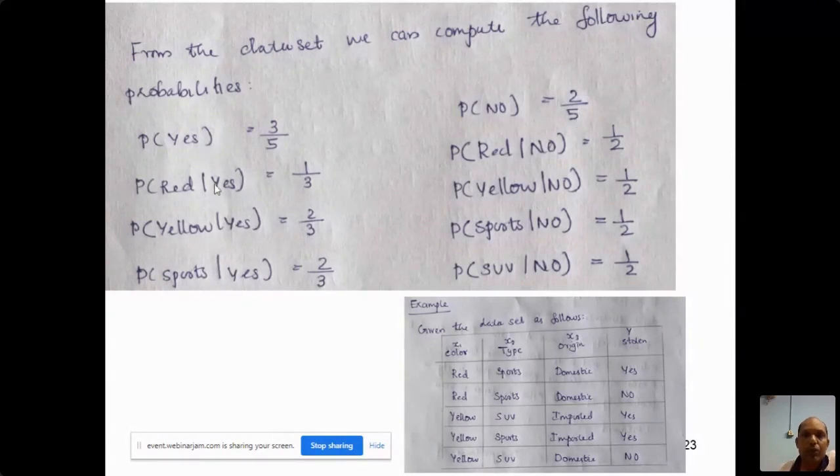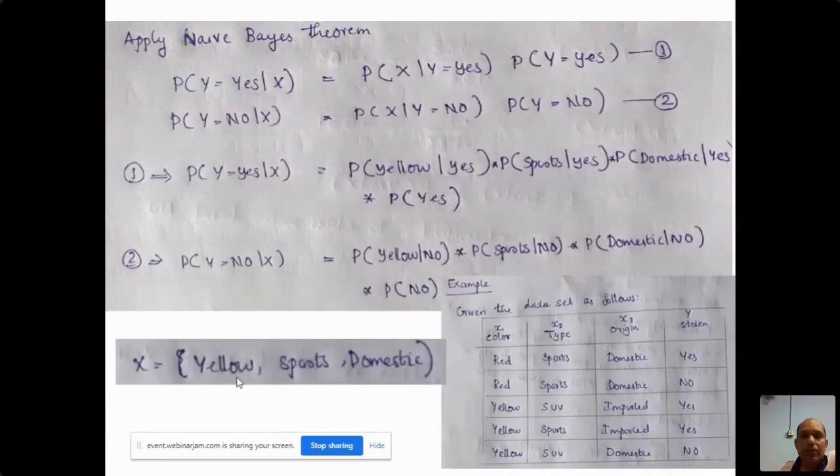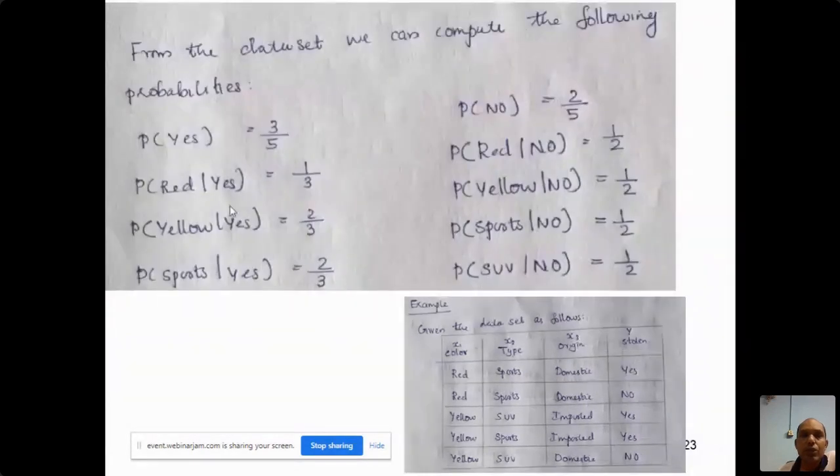Now see the probability of red. Red means the color. See here the feature x1 is red. So x1 is the red feature at the given class label S. In that case you just see how many S are there.